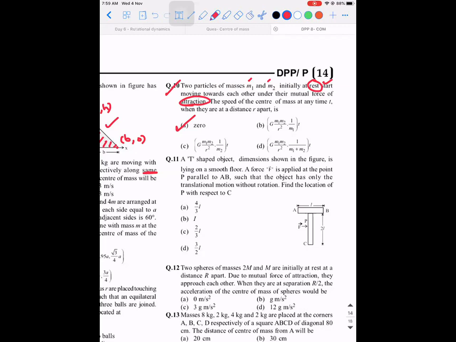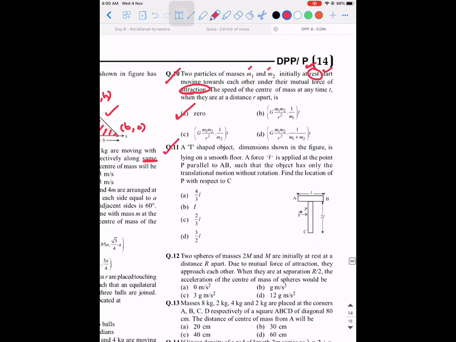Since the system was initially at rest, finally also the velocity of the center of mass is still going to be 0. It is not going to move. The particles may be moving, but they will move in such a way that the center of mass stays at the same location.